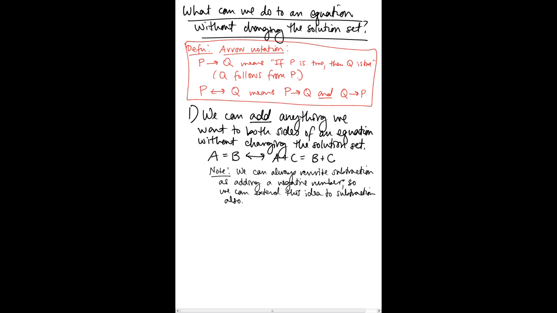What else could we do? Well, we might notice that we can multiply both sides of an equation by almost anything. By anything except 0, without changing the solution set.